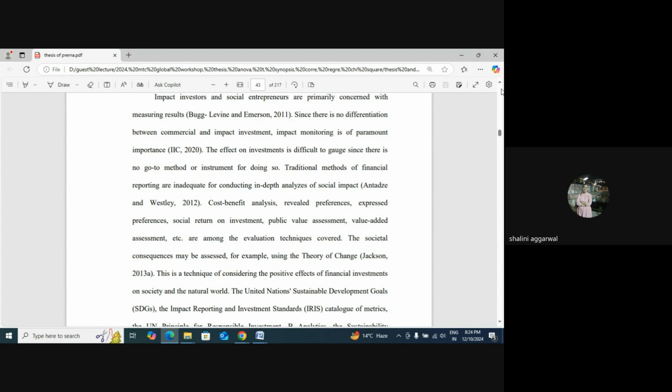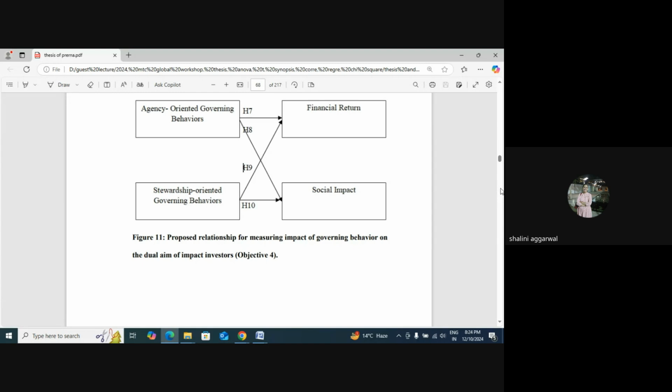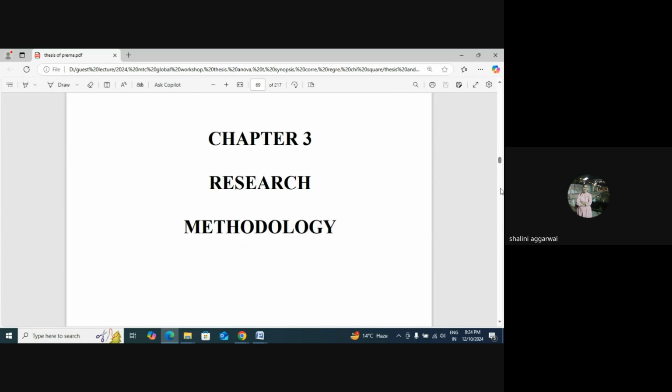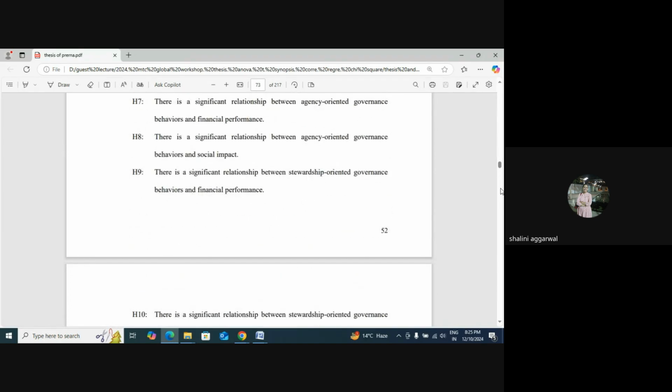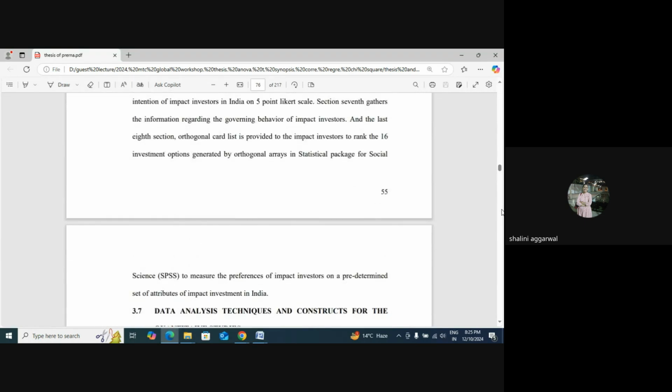Let me help this student of mine put the thesis on Shodh Ganga. Okay, if you want to see a compiled thesis, what you can do is go to Shodh Ganga. Shodh Ganga is a very good website. There you can always see the number of theses, right? There the students normally put their thesis.